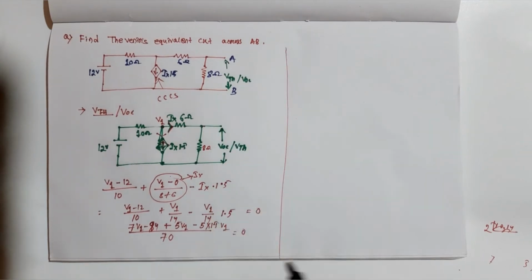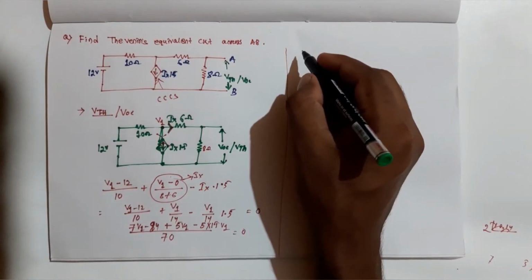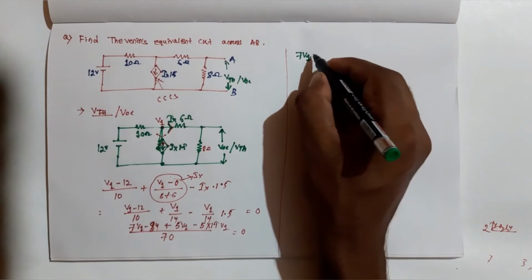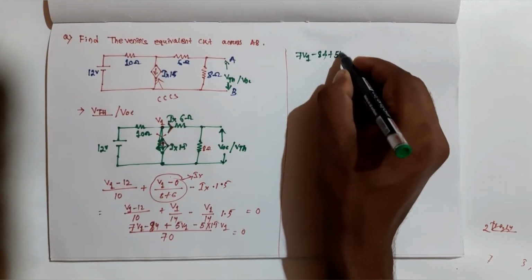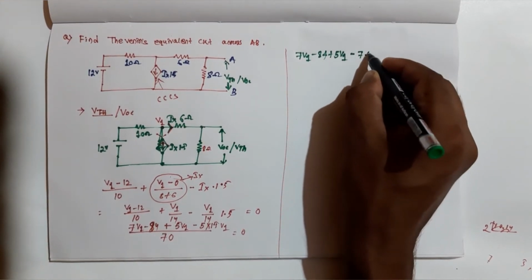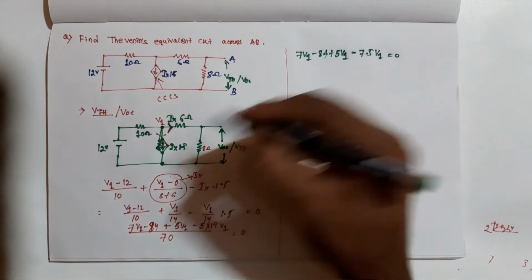After simplifying this, we get 7 V1 minus 84 plus 5 V1 minus 7.5 V1 is equal to 0.